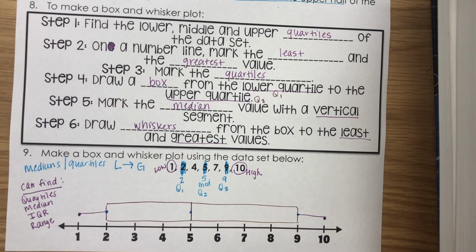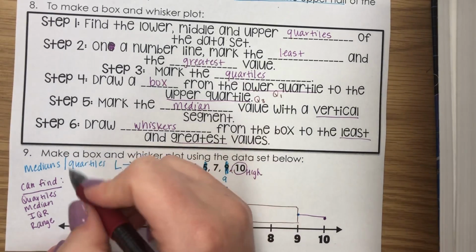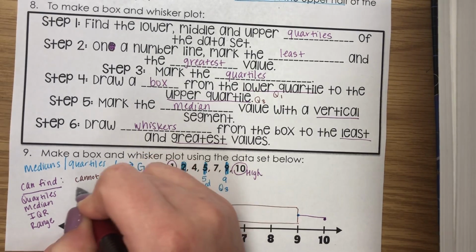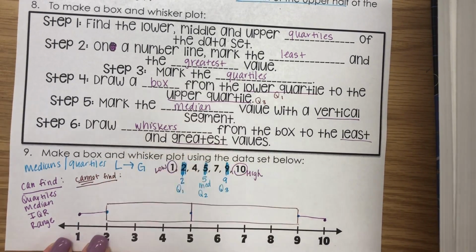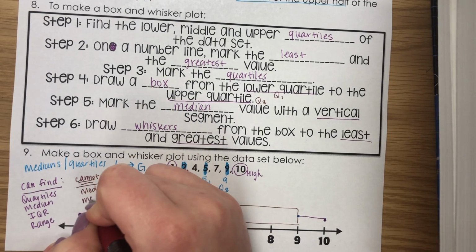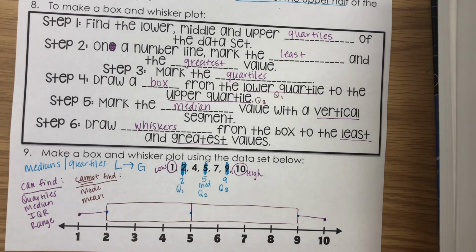Okay? What we cannot find is the mode or the mean. So we won't be able to tell if one particular value in the data occurs more times than anything else, and we will not be able to find the mean or the average, because we don't know the exact values.